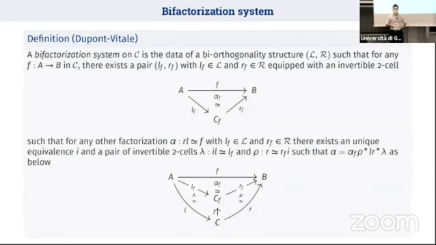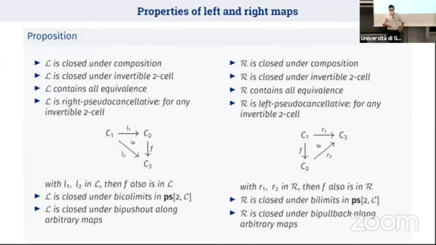And then you can define a bifactorization system as the data of a bi-orthogonality structure and, for each map, a choice of a canonical two-cell decomposing it as a left map followed by a right map, enjoying again some kind of universality in the good two-dimensional sense.